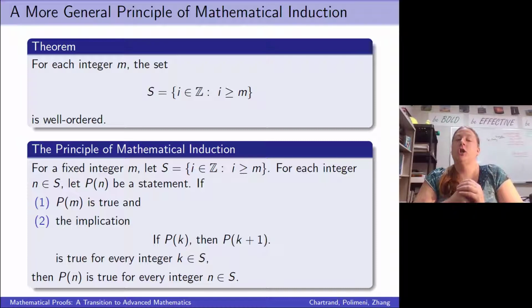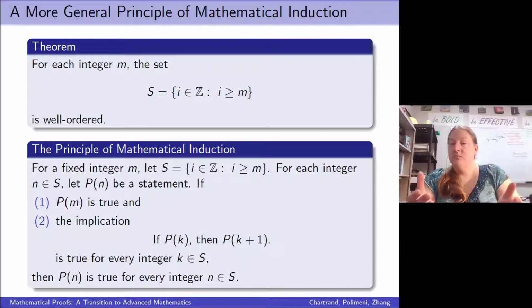Then if we can show that p of m is true, so the statement is true for the smallest integer in the set, and we can show the implication if p of k, then p of k plus 1 is true for every integer k in the set, then p of n is true for every n in the set.